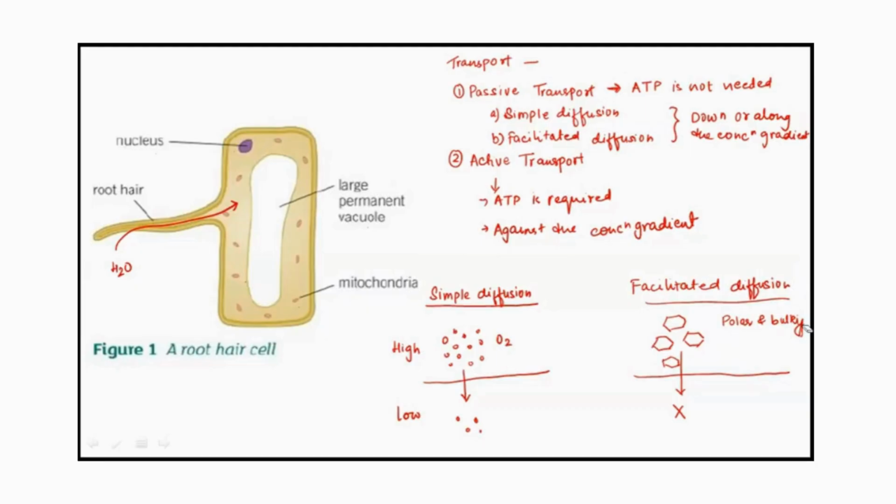So polar substances and those which are bulky, they're big, cannot pass through the membrane without the help of some transport protein. They can only pass through these transport proteins because they make a channel which will allow the polar molecules to pass through the membrane. But then it will again be down the concentration gradient for sure, without the need of energy, without the need of ATP.